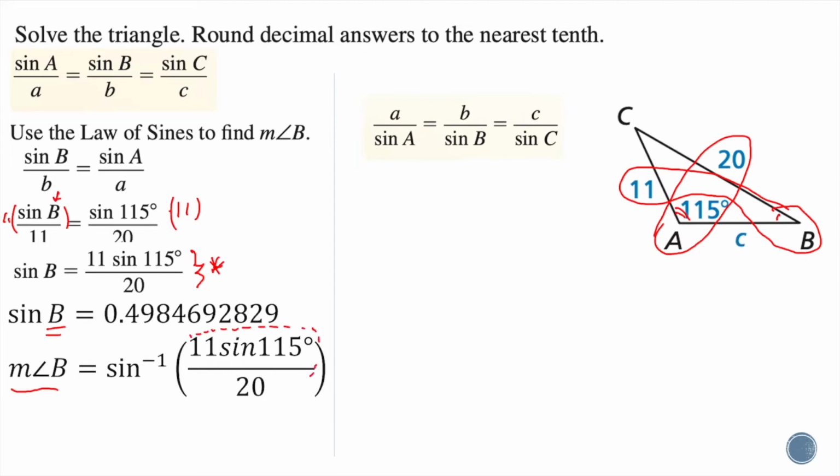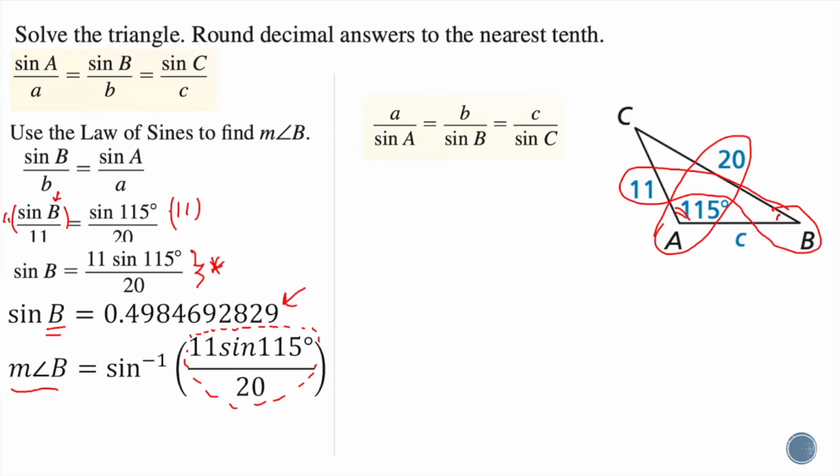You want the calculator to round at the very end. If you round in the beginning, you're going to change your answer, and it's called round-off error. You don't want that. So by doing this, you'll get a more precise answer.